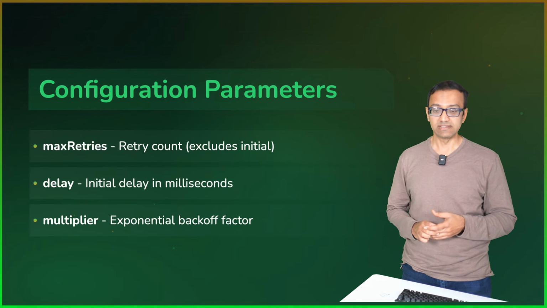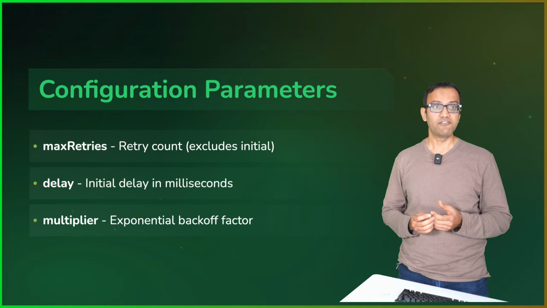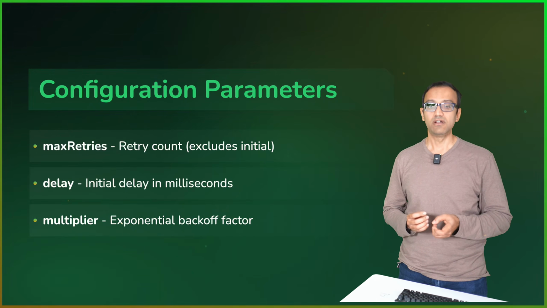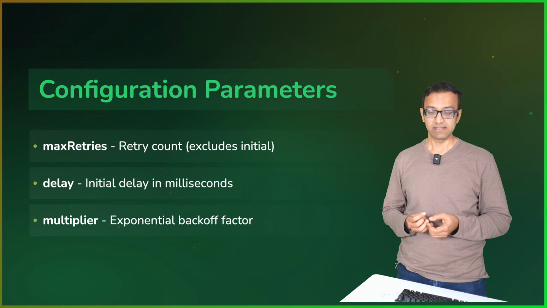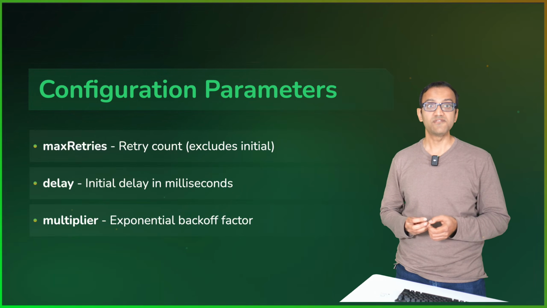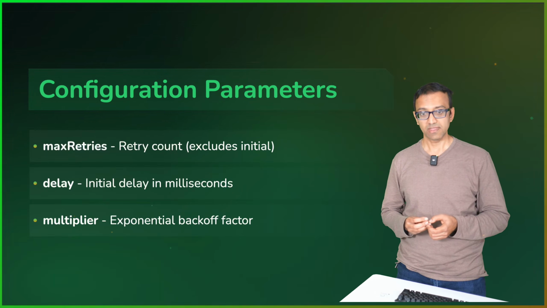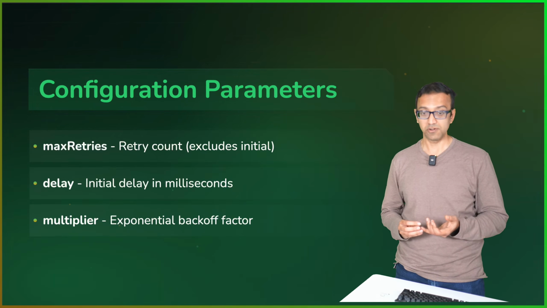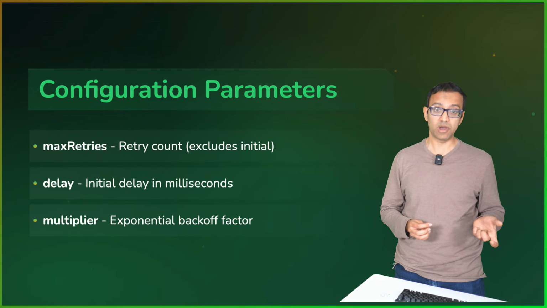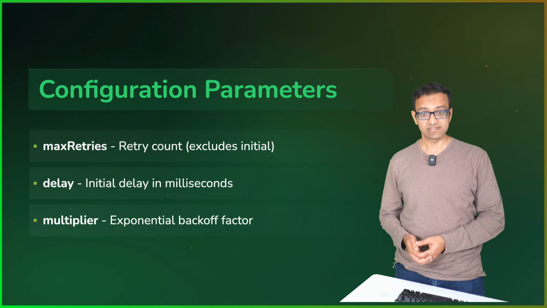Delay is how long it waits before it tries again. The default is 1 second. You can configure it to however long you want. You want it to wait for 2 seconds, you can do that. And the more delay you add, the more latency you add to the result, right?